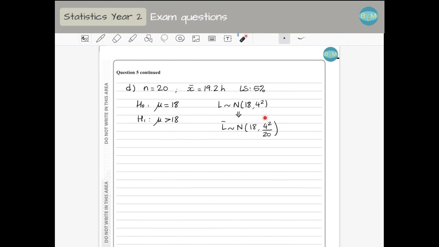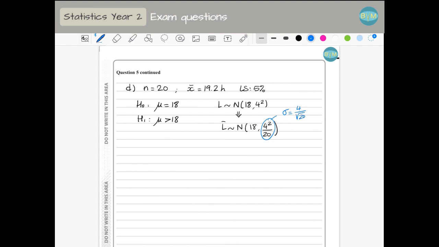And be careful, because this is the variance, and I'm going to put the square root of this in the calculator. So the standard deviation is going to be 4 divided by root 20, and that's what I put in the calculator.